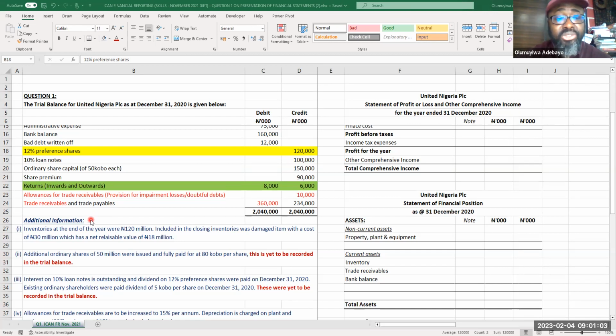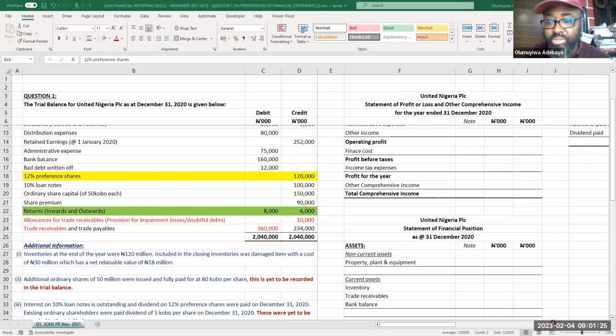But in the ICAN solution, on one hand, they treated preference share as a liability in the balance sheet, while in the statement of changes in equity, they treated the preference dividend as a distribution to equity holders.